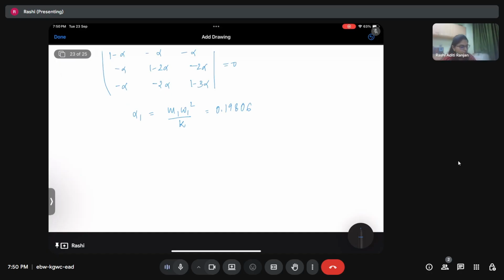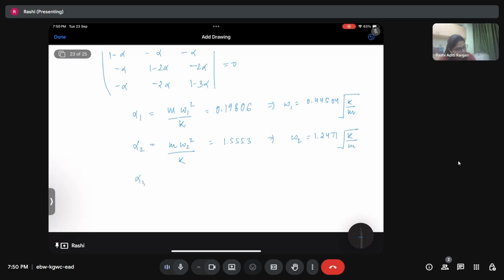Okay, so this implies omega 1 is nothing but 0.44504 under root k by m. Then we have alpha 2 as m omega 2 square by k, because m1, m2 and m3 are all equal, is equal to 1.5553. This implies omega 2 as 1.2471 under root of k by m.